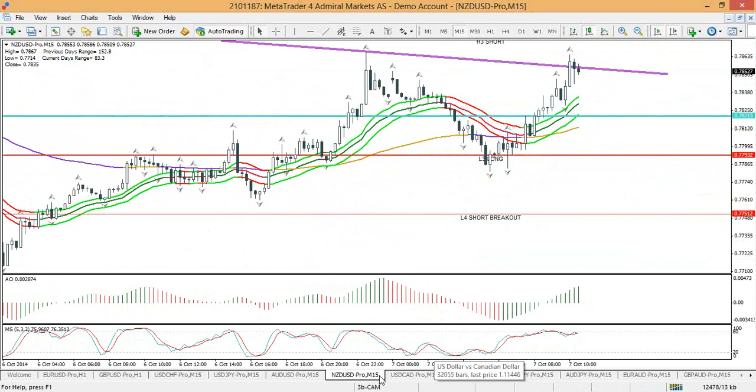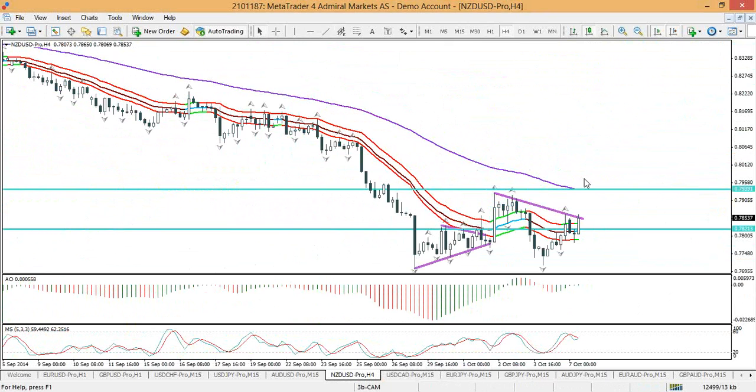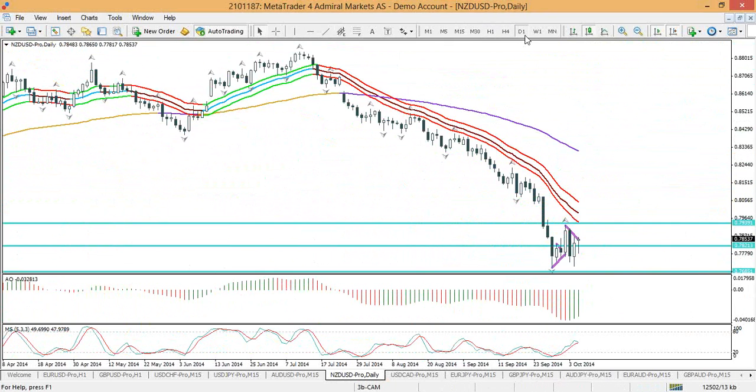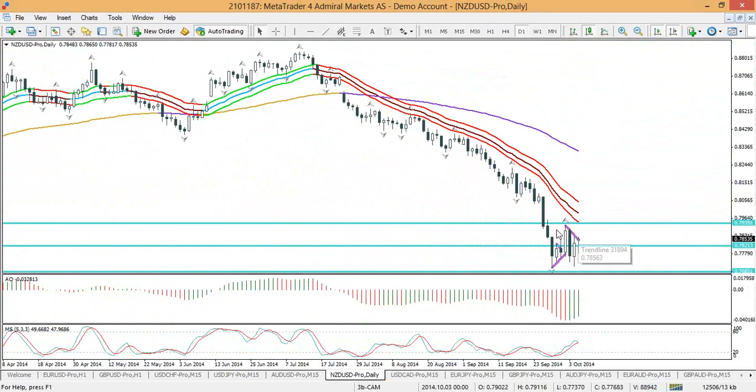See, that's how you can use moving averages on various time frames to identify a breakout on the 15, which is an early reversal on the hourly because the moving averages are not aligned, and which is a bigger retracement on the 4-hour, which is an early retracement on the hourly.